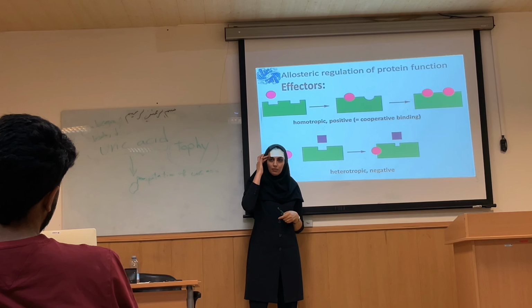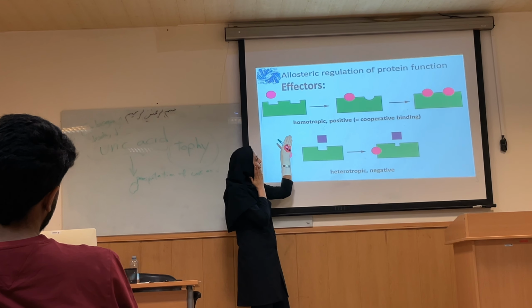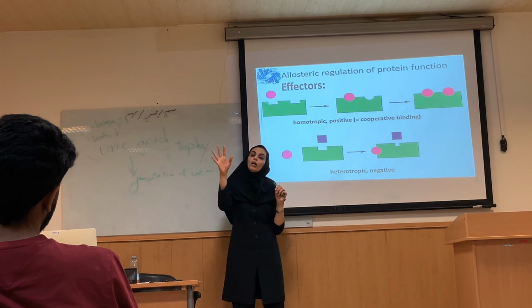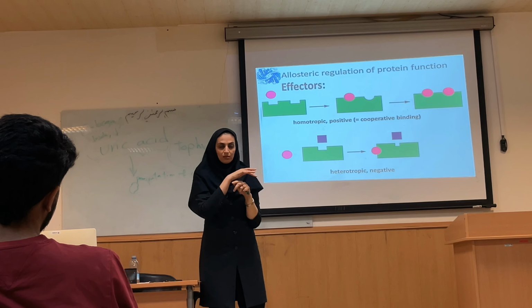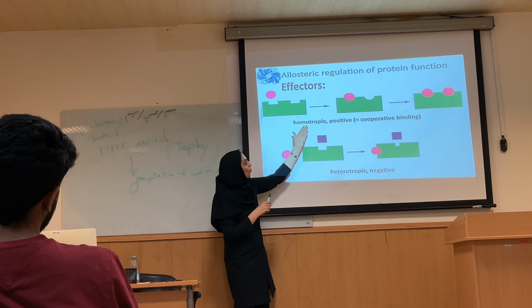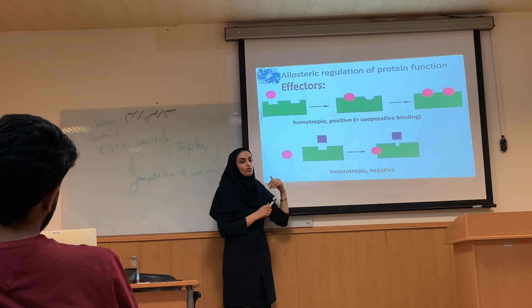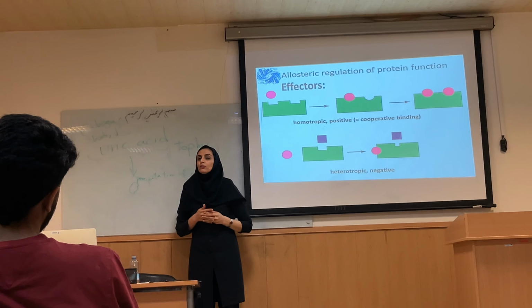Do you know what I mean? Can you give me an example of a homotropic effector on hemoglobin, not the enzyme, that I told you about yesterday? What is the homotropic effector for hemoglobin and what is the heterotropic effector for hemoglobin?